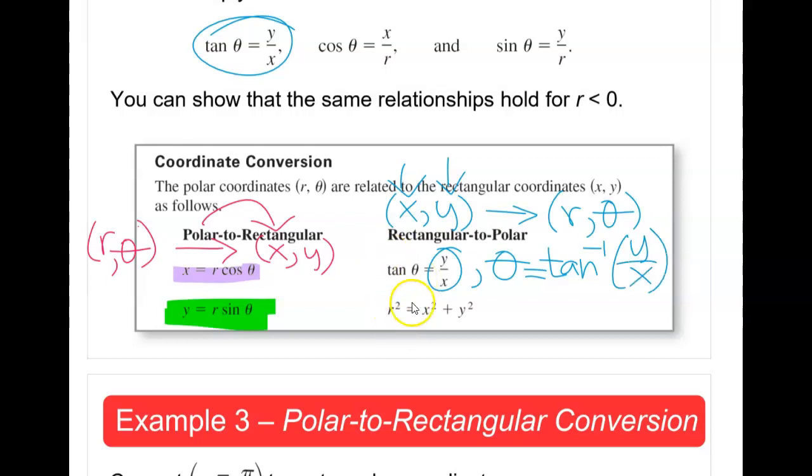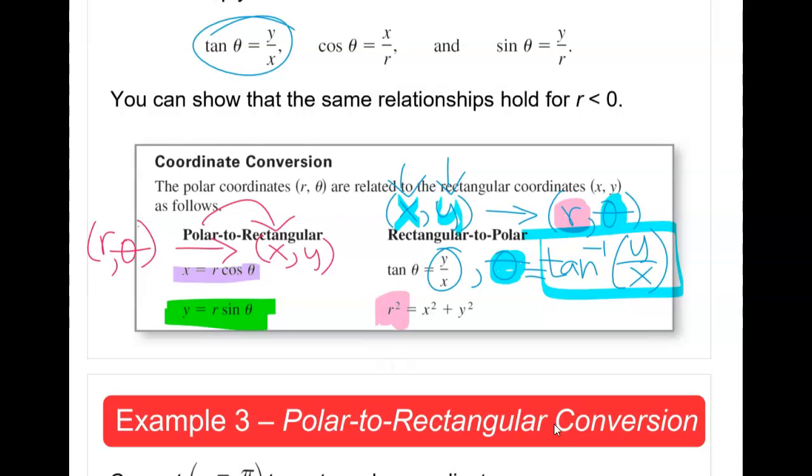Then how could we find the radius? Because remember, we have x and y. We already found how to find theta by using that relationship here. But now, how could we find the radius? So the radius, by following the equation of the circle, will be r squared equals x squared plus y squared.